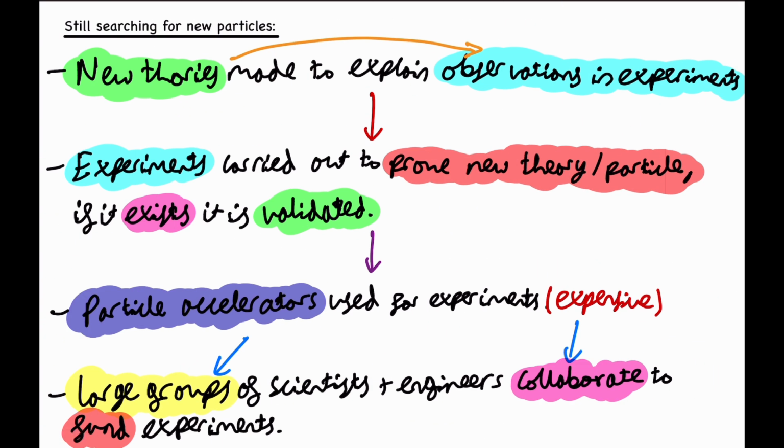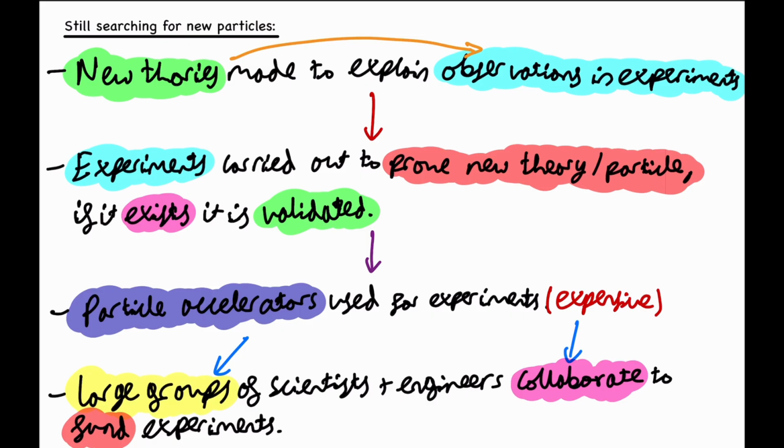And we're still looking for new particles, not me, but a lot of scientists out there are looking for new particles. There are new theories to explain observations made in experiments, and then you carry new experiments out to prove your new theory or your new particle that you have theorized. And if it exists, you validate it.